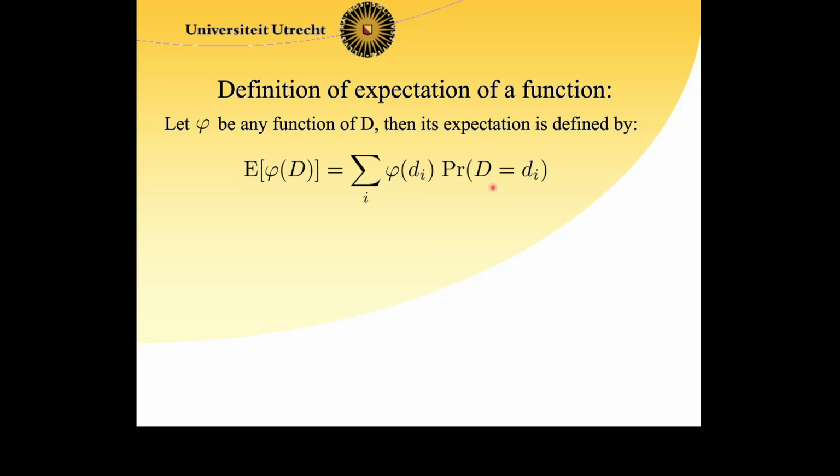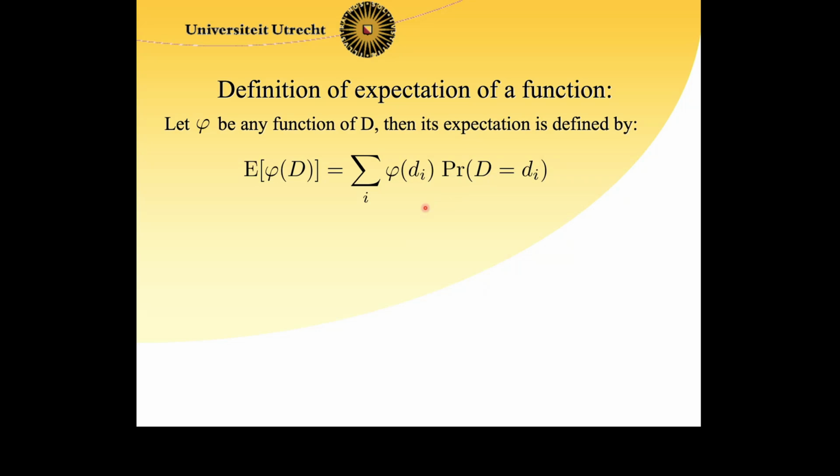If we have any random variable, in this case a discrete variable D, which is the outcome of the throwing of two dice, then for any function of that random variable, the expected value is defined as the function of the possible outcomes times the probability that that outcome occurs. So it's a weighted sum of the function of the outcome, with the probability of the outcome as weight.